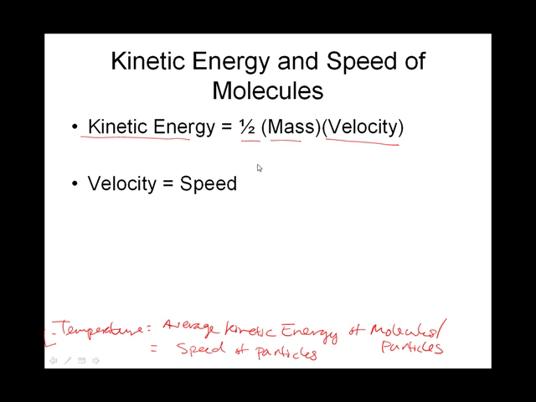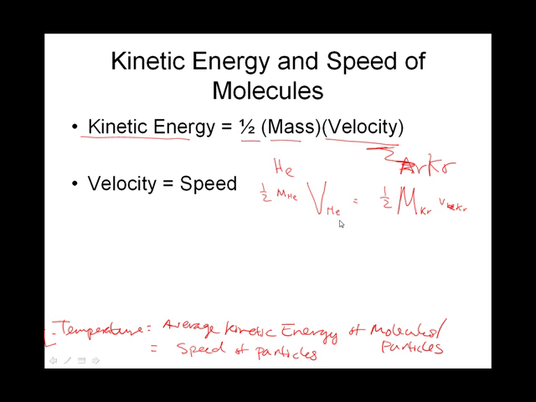So it's kind of like this. If I have a helium atom and I have an argon gas or krypton gas, the helium particle has a small mass, right? Which must have a big velocity to equal 1/2 of the big mass of krypton times the smaller velocity of the krypton.